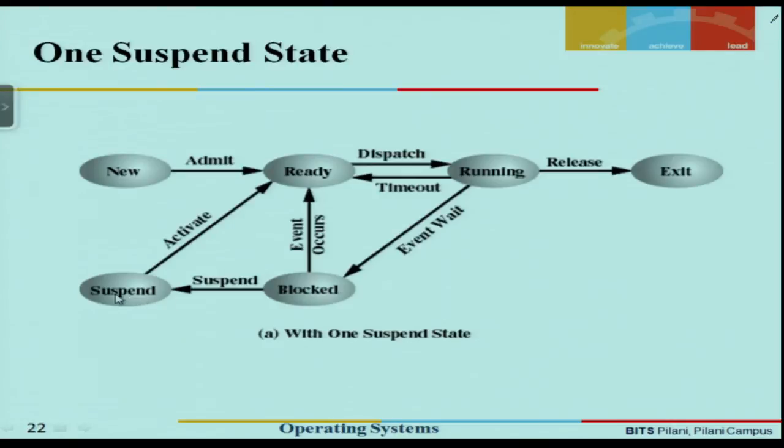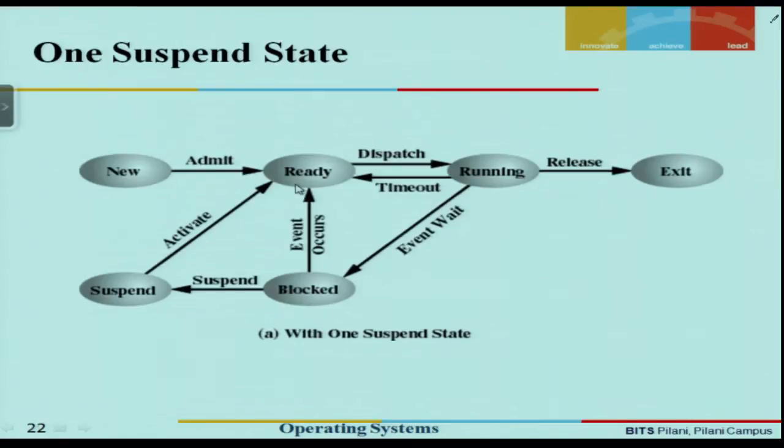Both of them are waiting for some services. As soon as the event occurs, as soon as the service becomes available, the process in the blocked state can very easily move to the ready state because it was in memory; only a state change is required.